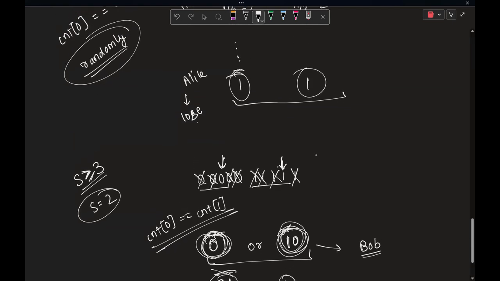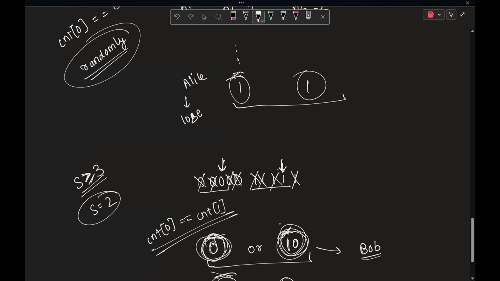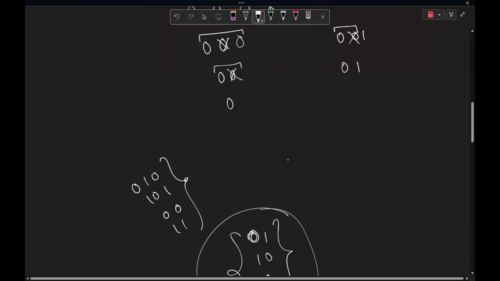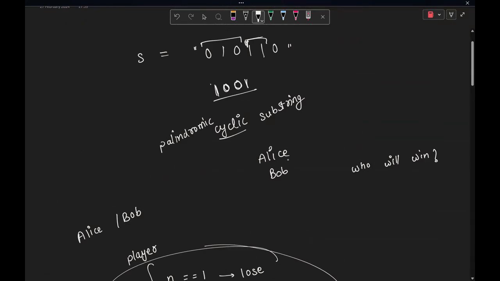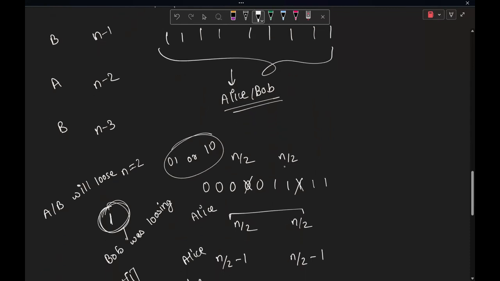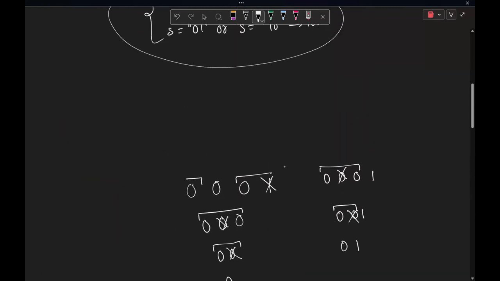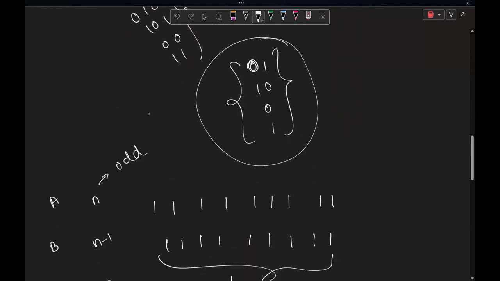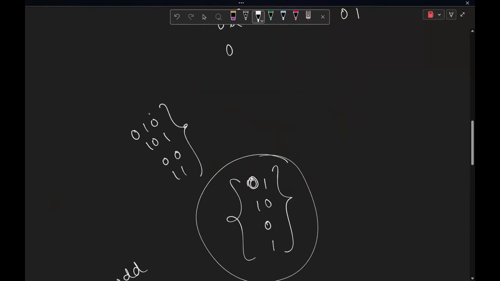Okay, so just for checking, how many of you are with me right now? How many of you have understood these cases? The first case was the termination, which we saw from the example test cases. Then we realized that the game will never terminate in any other condition.